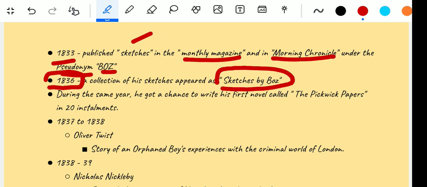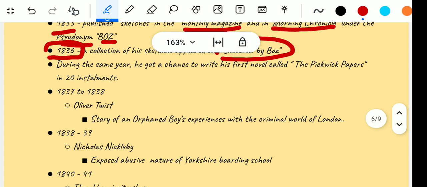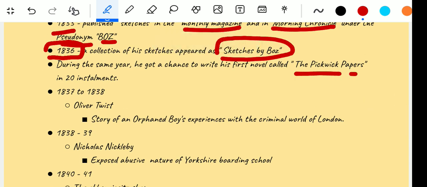It was a success, and during the same year, 1836, he wrote the Pickwick Papers in 20 installments, which was a blockbuster hit. See friends, this installment publication was so popular at that time. It was so convenient that anyone could get a glimpse of novel reading.